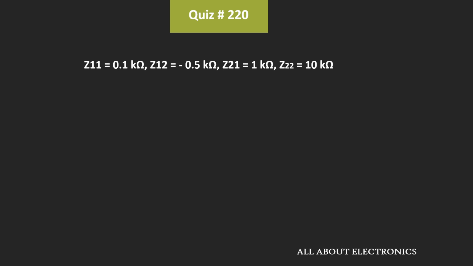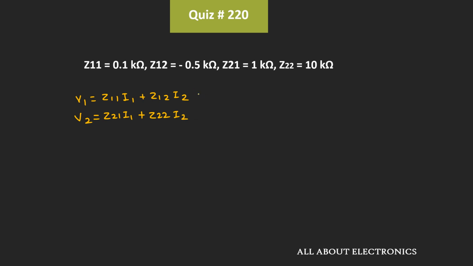First of all, let us write down the value of V1 and V2 in terms of the Z parameters. We know that the voltage V1 can be given as Z11 times I1 plus Z12 times I2. Similarly, the voltage V2 can be given as Z21 times I1 plus Z22 times I2.